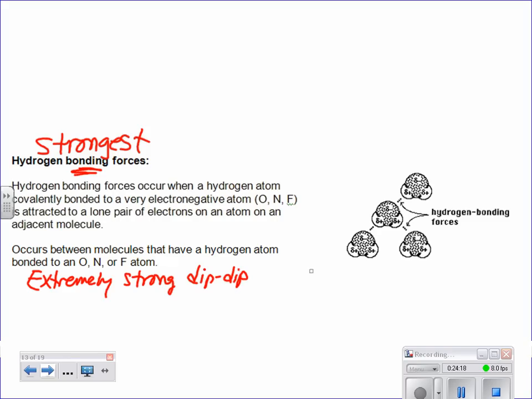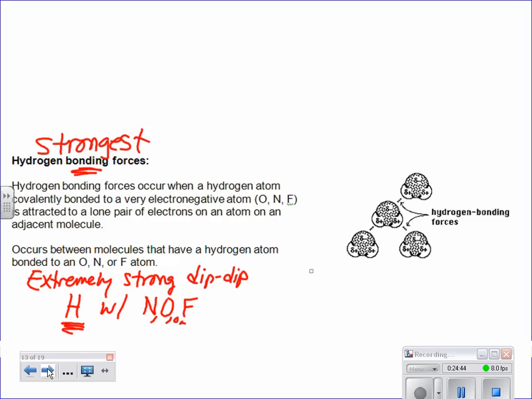And it's extremely strong because it's hydrogen that is bonded with nitrogen, oxygen, or fluorine. And if you want to look on the periodic table there, you see hydrogen, when it is bonded with nitrogen, oxygen, or fluorine, you see nitrogen, oxygen, and fluorine in the upper right-hand corner, extremely electronegative.